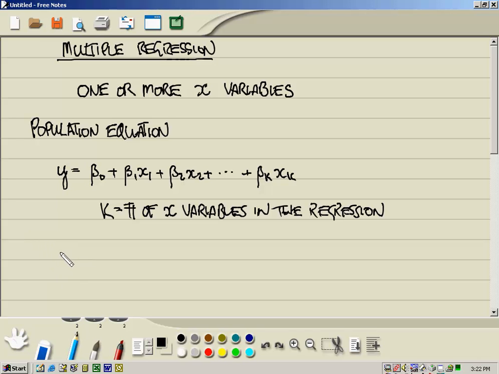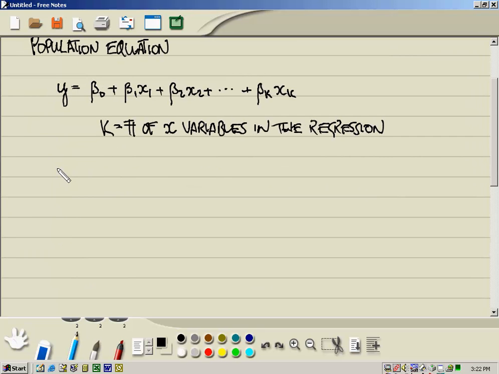Note that when the data goes into the computer, you'll have a column of Y data. You'll have columns for X1, X2, and however many you need. But unknown to us, what the computer program does, unless you tell it otherwise, is insert a column called X0. And that X0 takes on the value 1 for each observation.